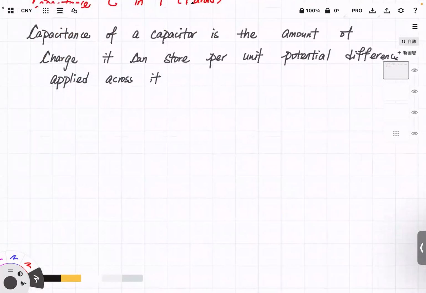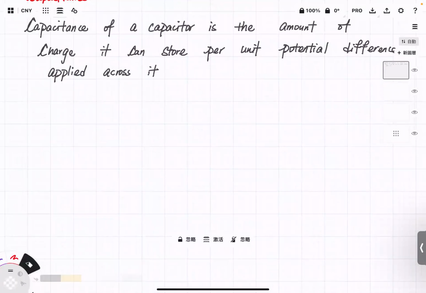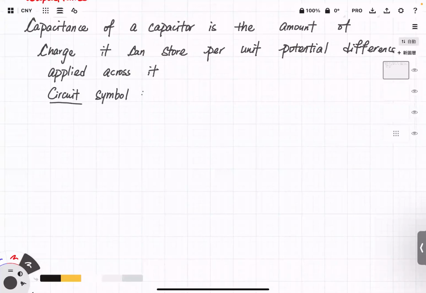Well, for example, to build some intuitive understanding, let's look at an example. Also, let us introduce the notation as well. We look at the notation first. We will need to draw circuit diagrams, and the circuit symbol of a capacitor will be a pair of parallel lines, but of equal length.